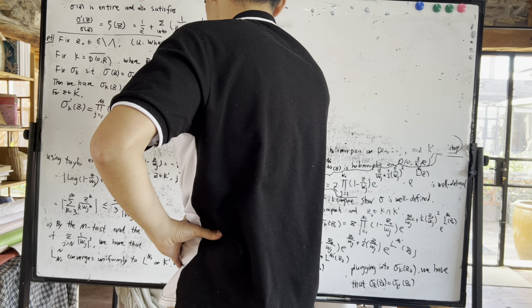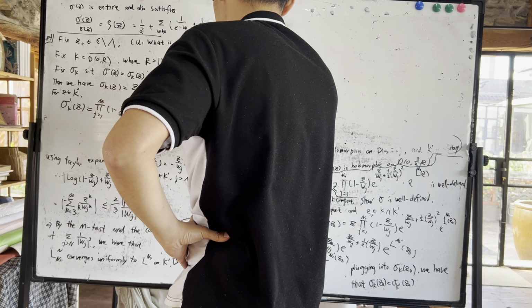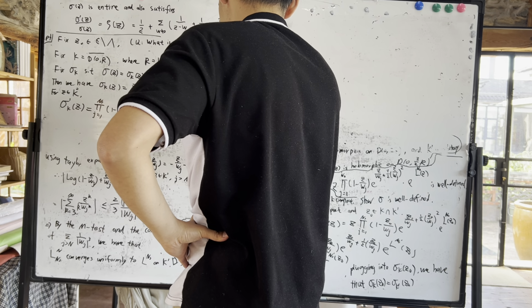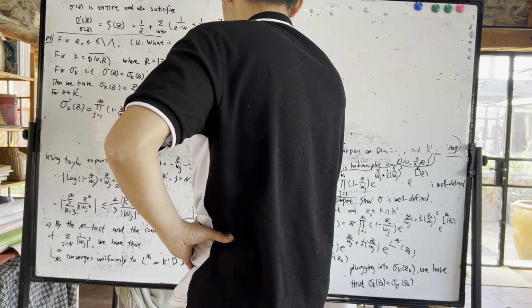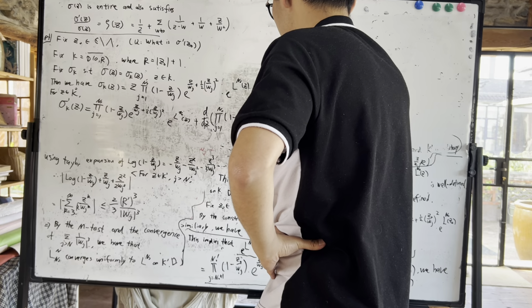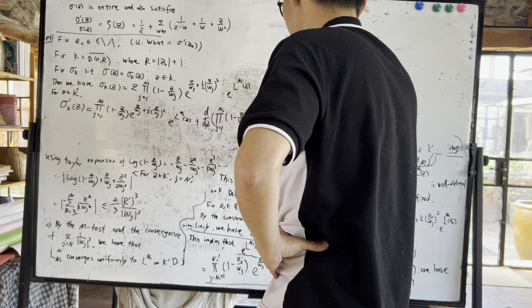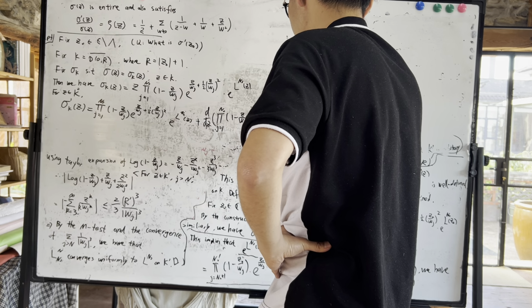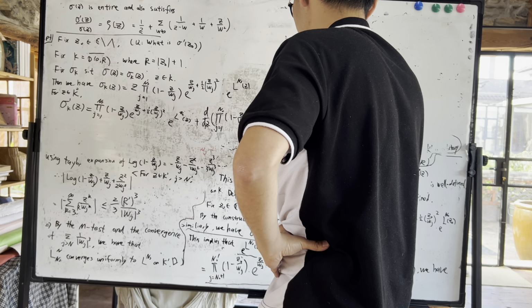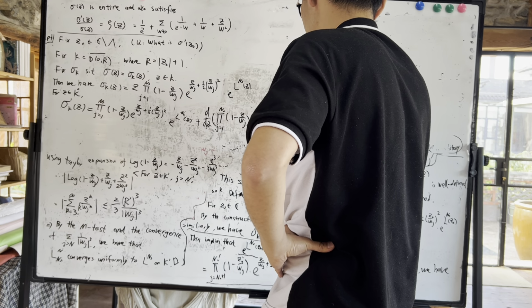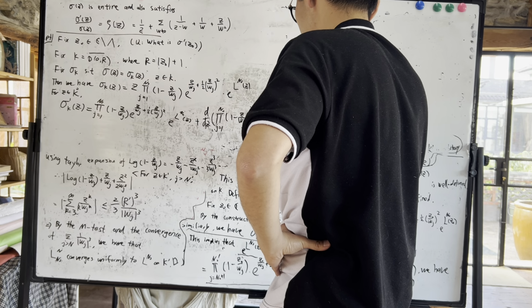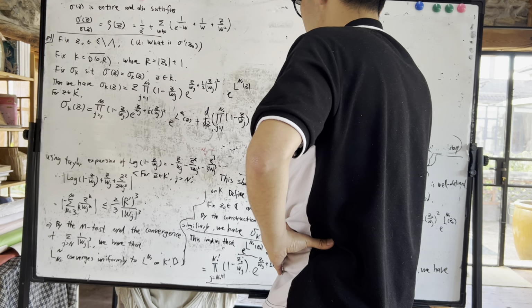So the derivative of this guy, so basically 1/2 z over omega j squared times e to the l naught z.